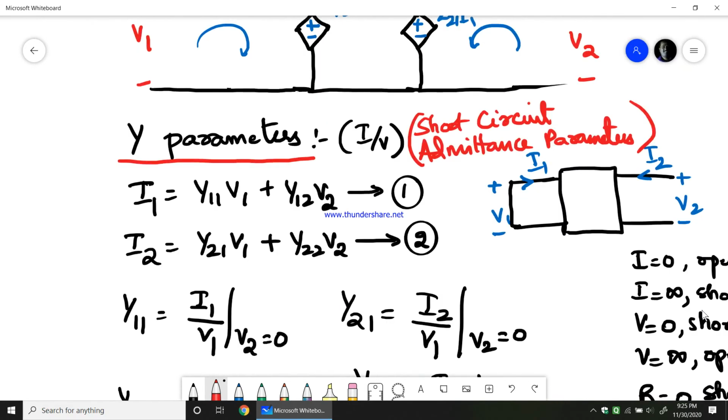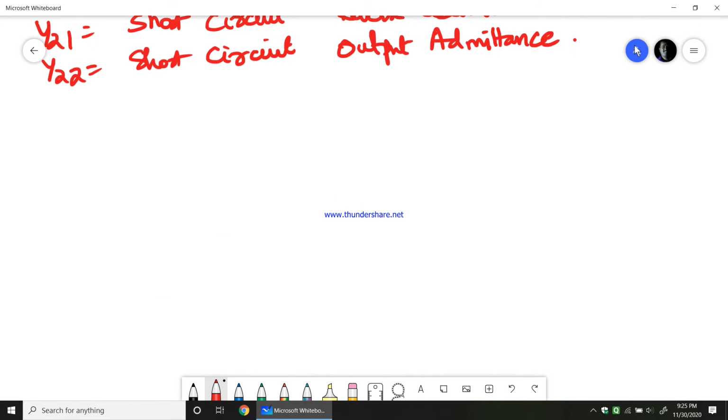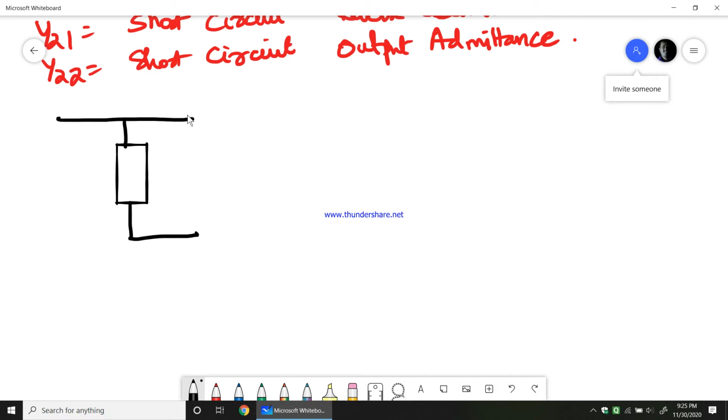Now I'll draw the circuit for this. It will have parallel branches. In Z parameters we had a series branch, now we'll have a parallel branch like this.